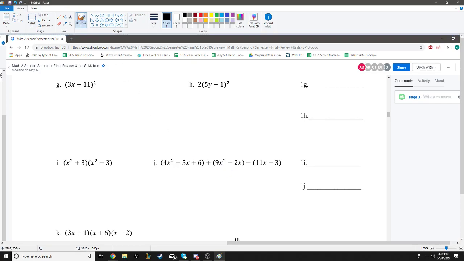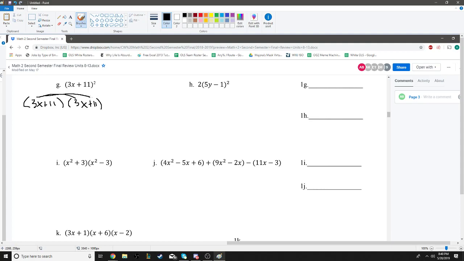Okay. So you got to be careful with the squared. You can't distribute it like we did in the other one because this is a plus sign and it is not a multiplication sign. This is really saying multiply 3x plus 11 by itself 2 times. And then you double distribute.